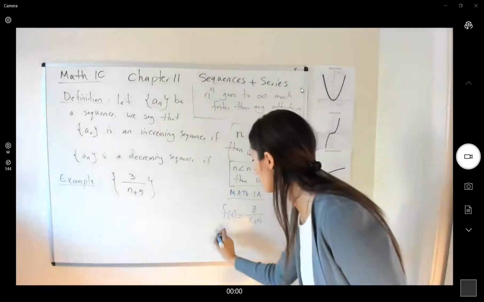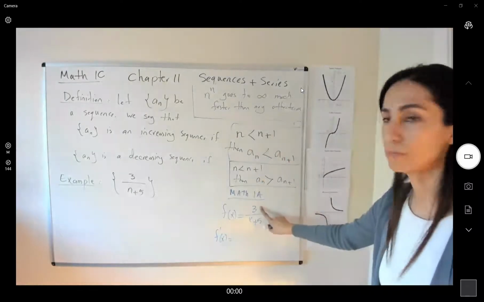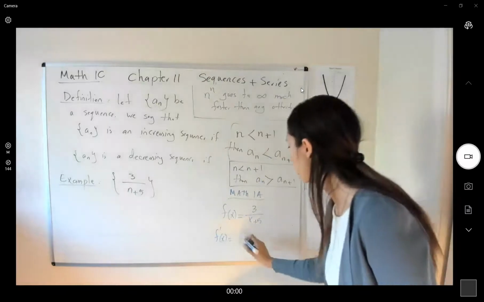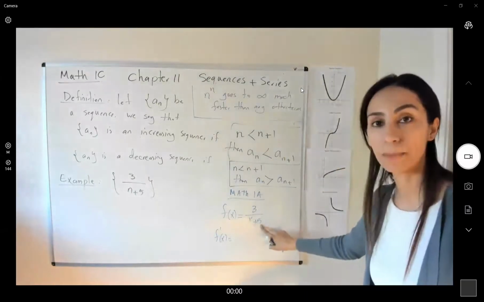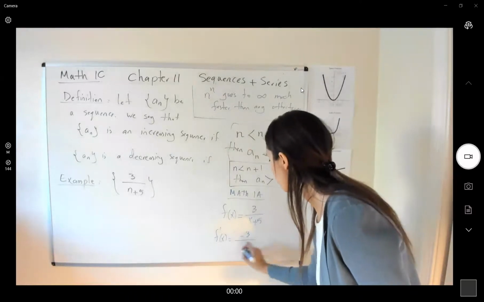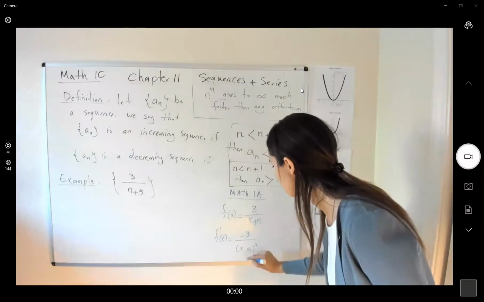Take the derivative of this function, f prime of x. The derivative of the numerator is 0 times x plus 5, which is 0, minus the derivative of the denominator, which is 1, times 3. So you get negative 3 divided by x plus 5 raised to the second power.